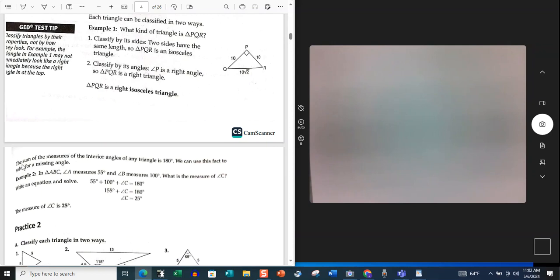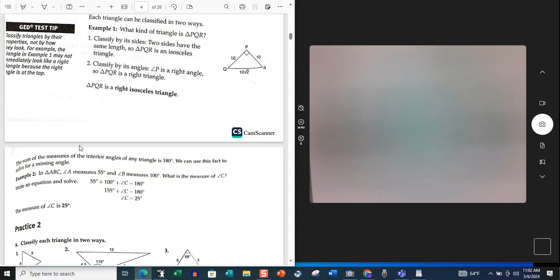Now, this right here is very, very important. The sum of the measures of the interior angles of any triangle is 180 degrees. So any three-sided figure, which is a triangle, when you add up all of the angles, they must equal 180 or it's not a triangle. Now, it says we can use this fact to solve for the missing angle. In triangle ABC, angle A measures 55 degrees and angle B measures 100 degrees.